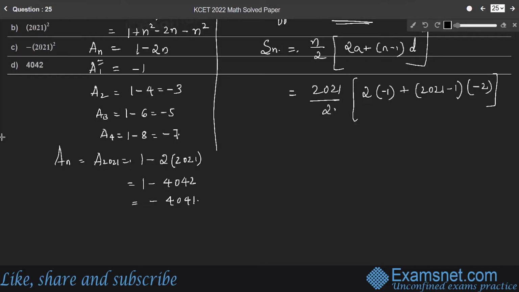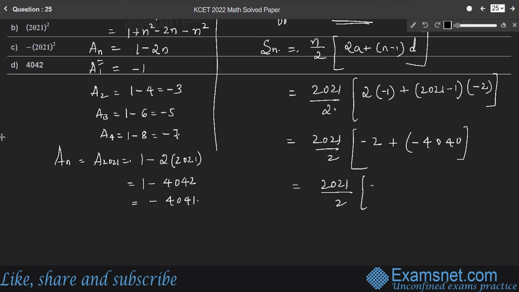Therefore, 2021 by 2 into 2 into minus 1 is minus 2, plus 2021 minus 1 is 2020 into minus 2 is minus 4040. So we have 2021 by 2 into minus 2 minus 4040, which is minus 4042, divisible by 2.